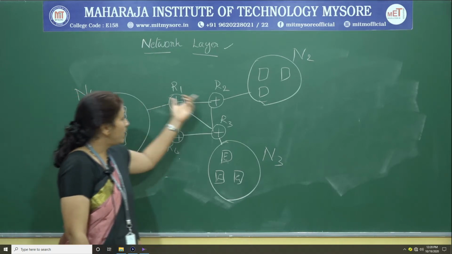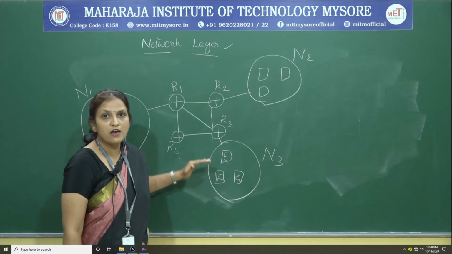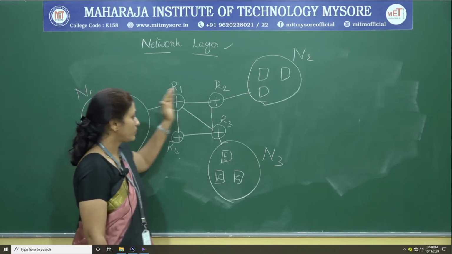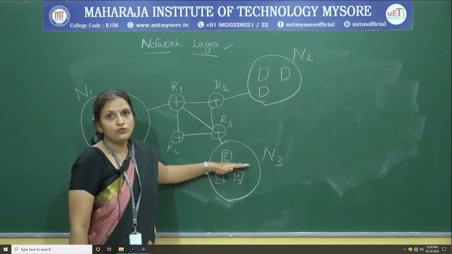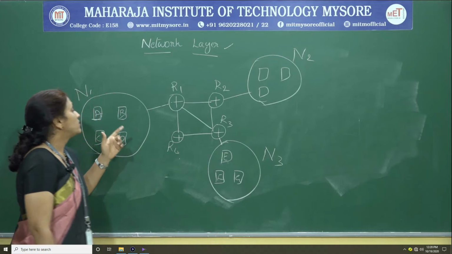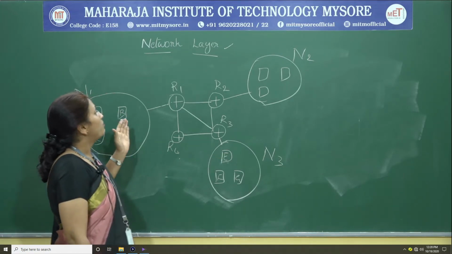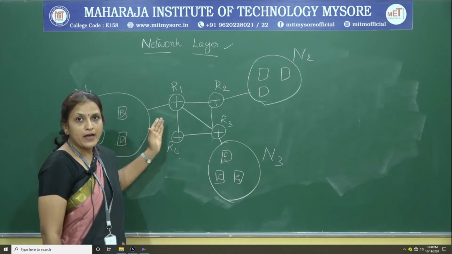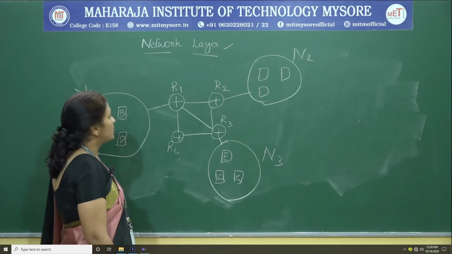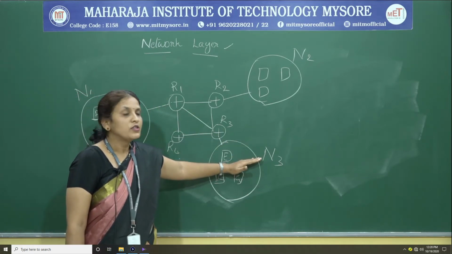So just by looking at this simple network picture, there are 3 paths available through which the packet from host A moves to the host E, right? So it's the duty of the network layer to make it possible for a data packet to transmit from this network to this network. That is the duty of the network layer.